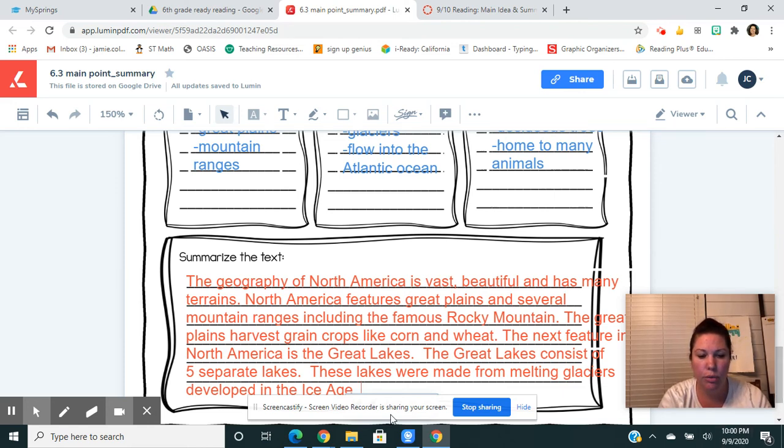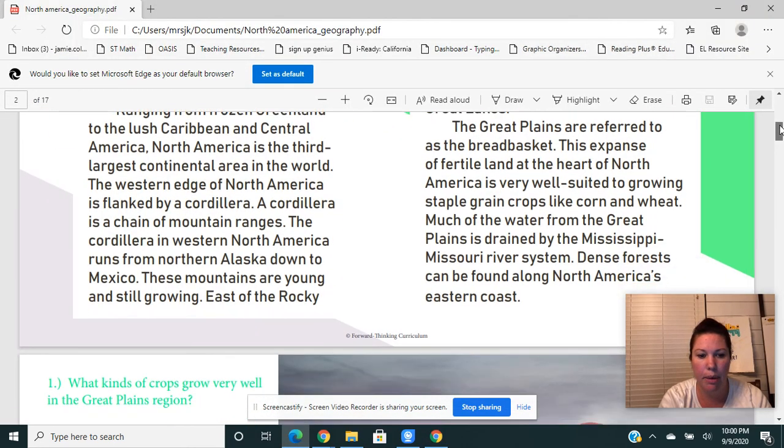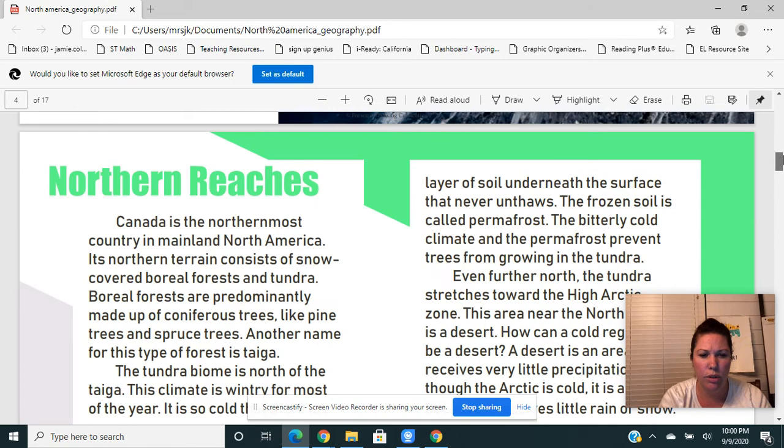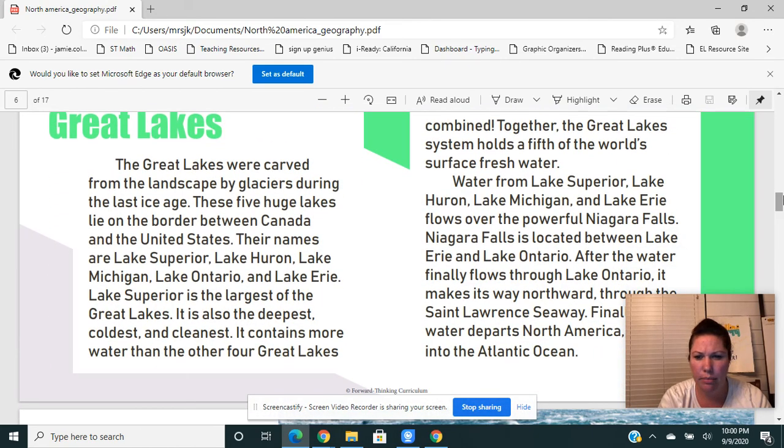So let me see which ones flow into, because not all of them do, but it did talk about which ones. Let's see. About Niagara Falls too. Lake Michigan, Lake Erie.